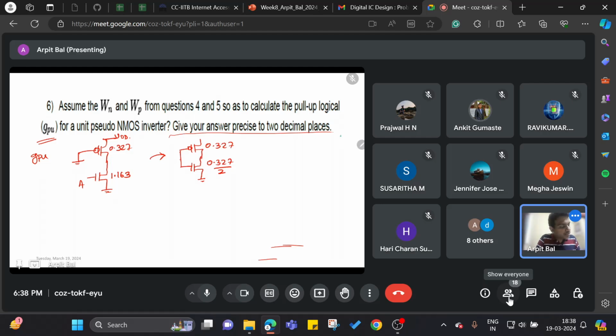Okay, so what is my CA equal to? Summation of these two, right? Okay, so what is my GPU?